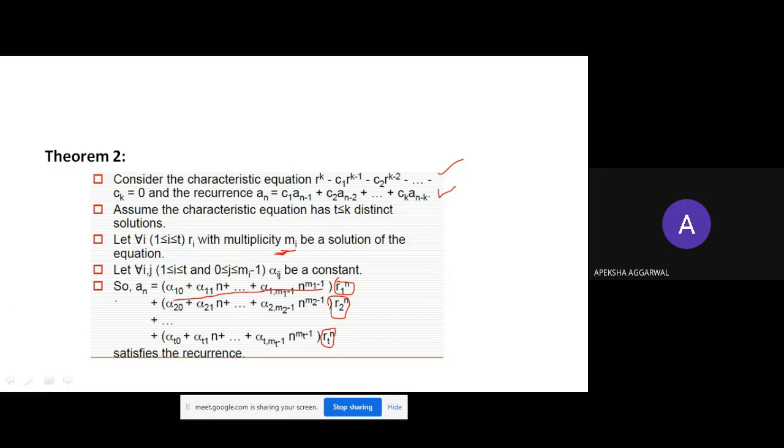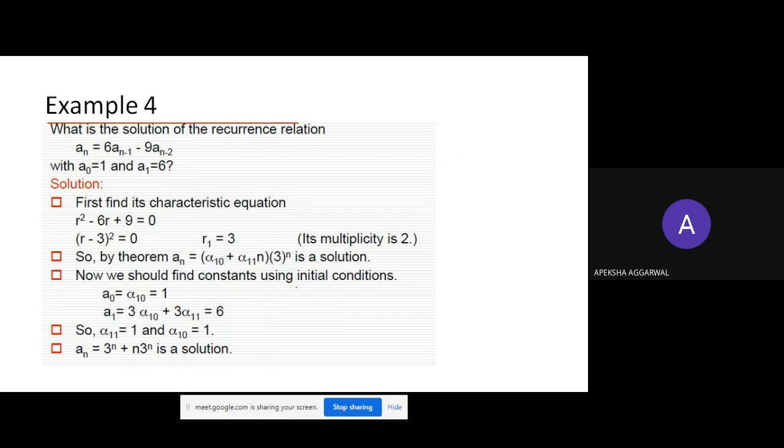Now you are saying if you multiply this constant with n to the power 0, n to the power 1, up to n to the power m minus 1, that is also a solution. For each and every r, you have so many powers of n as coefficients. Now an example is given to you over here.